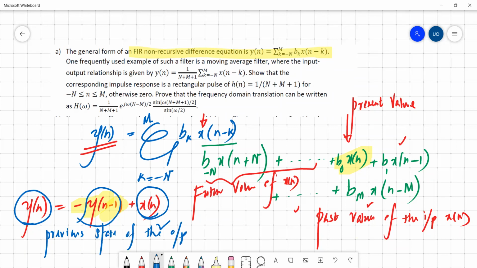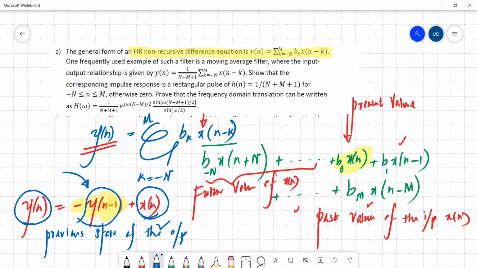If it depends on previous states of the output, this automatically becomes recursive, because if you want to evaluate the present value, you need the past value. You can't evaluate the present value without your previous value, and to evaluate the previous value you need the earlier values.